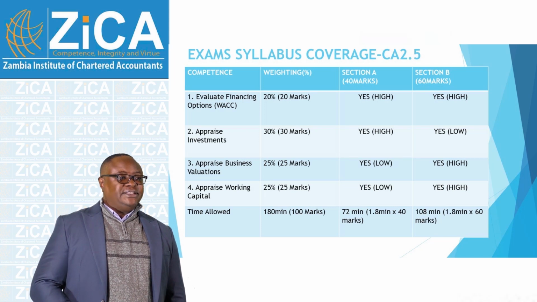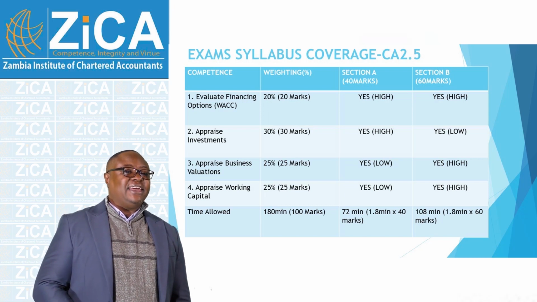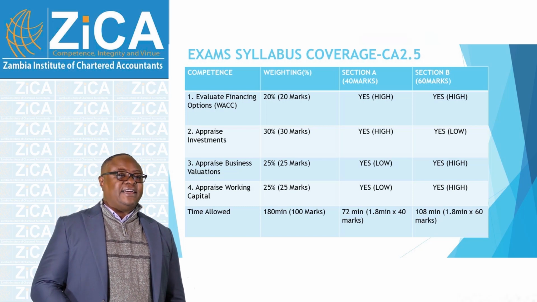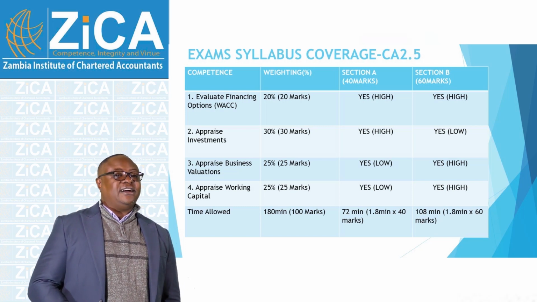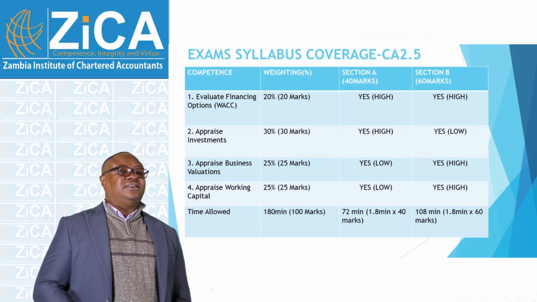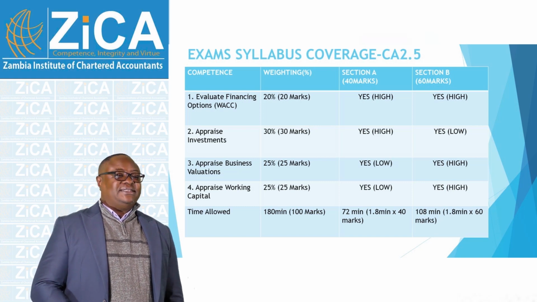For evaluating the financing option, the chances that this question is going to come in section A is quite high. It's very high. And this question can also come in section B. So if you didn't study this particular area, forget about passing.